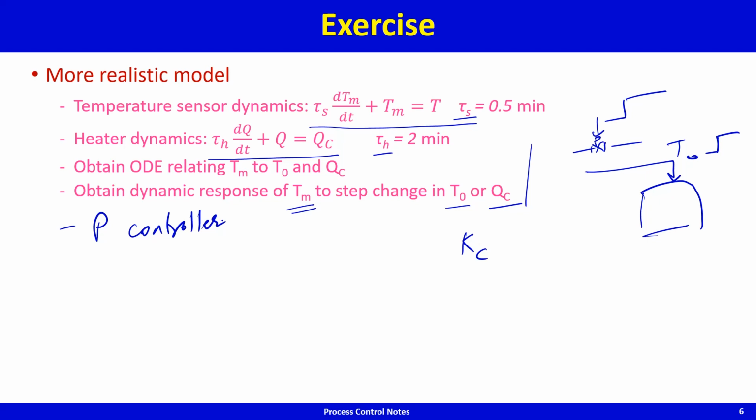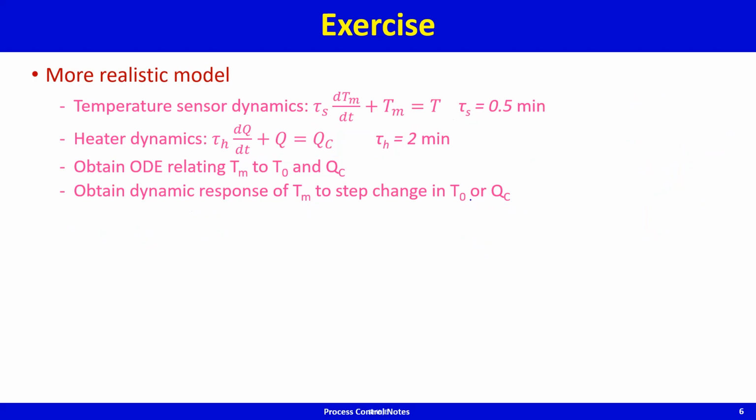We are not going to do control here, leave that for the time being. So if T naught changes, it's a third order system. If T naught changes or if QC changes, what is the response of Tm? This is just an open loop response, no control. This is the exercise that I'm asking you to do. Please do it as soon as you watch this video.